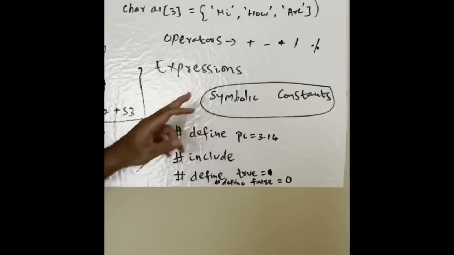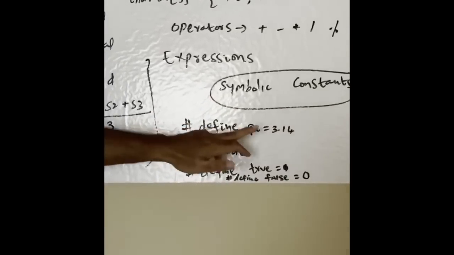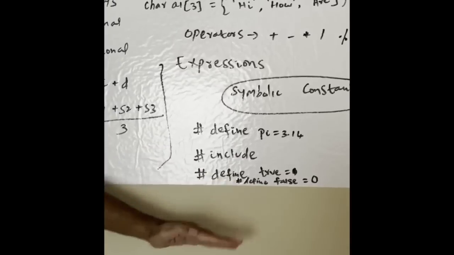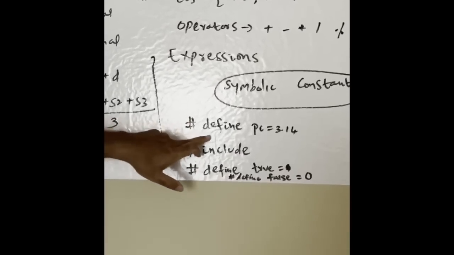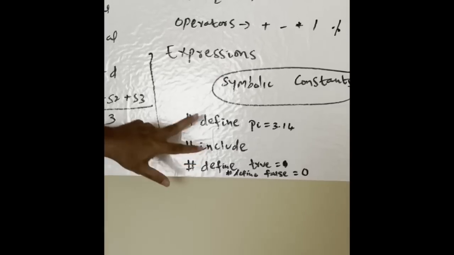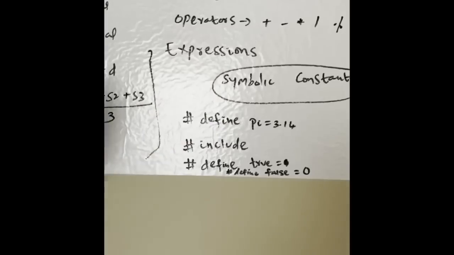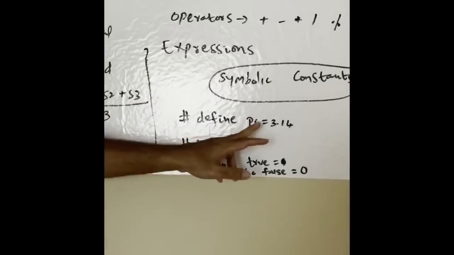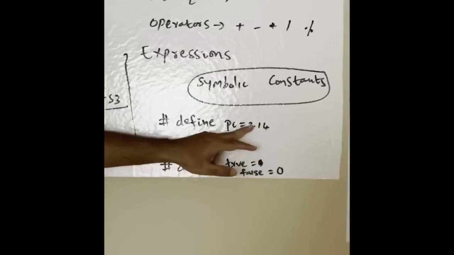Next is symbolic constants. We use this at the start of the program to define certain things we'll be using in the rest of the program. For example, the most common are hash define and hash include. For the circumference of a circle, 2 pi r, pi is 3.14 actual value. It's a constant, it's not changing.